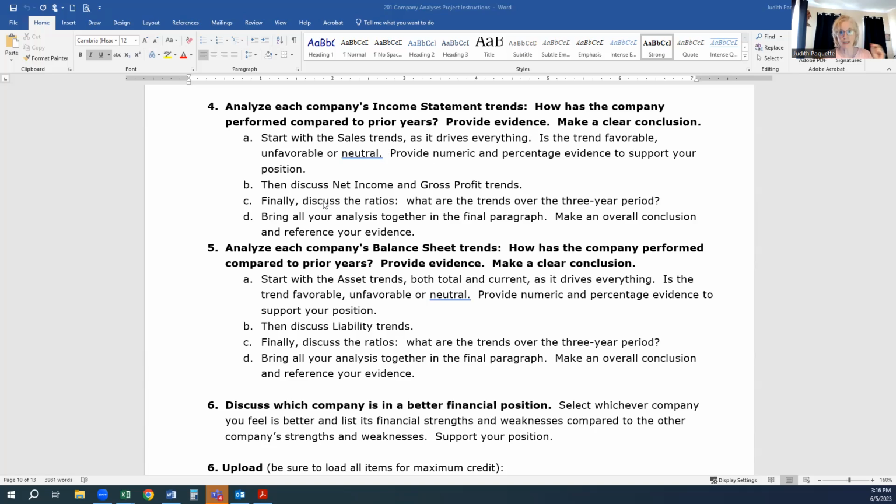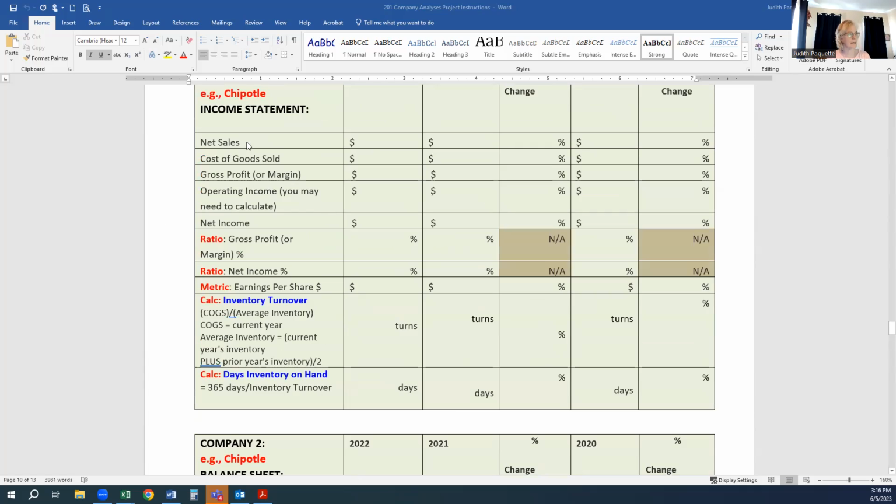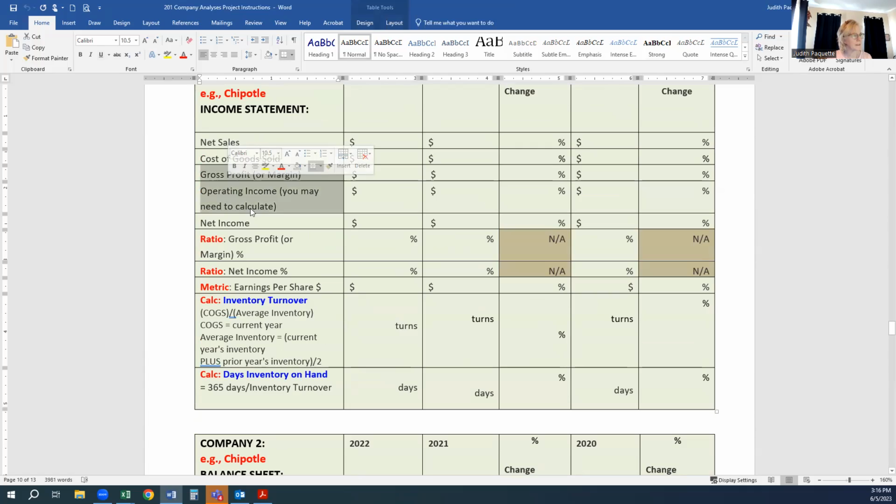I'm going to give you an example of that in just a second. Second areas are net income trends and gross profit trends. And then finally, I want you to discuss all the ratios. Bring all your analysis together for your final sentence and make an overall conclusion. Now, this is the income statement section, so you're going to be talking about net sales, gross profit, and net income.